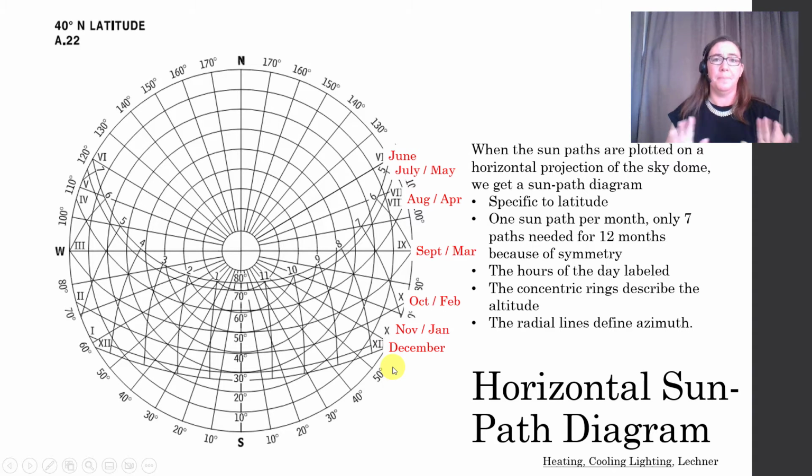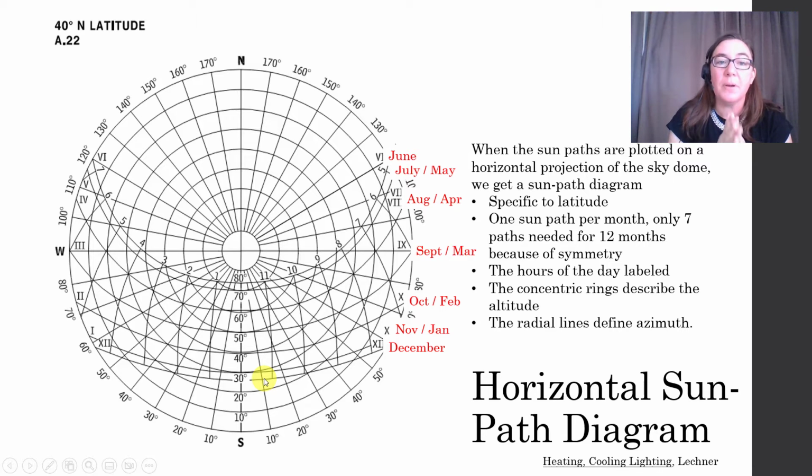You'll see other publications will actually put the month on there. So you start the year here in January with this line. Moving up to February, March, April, May, June. And then back down July, August, September, October, November, and here's our shortest month of the year, December, shortest day of the year.